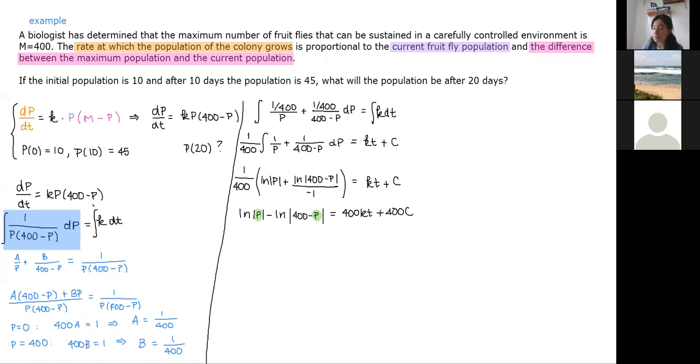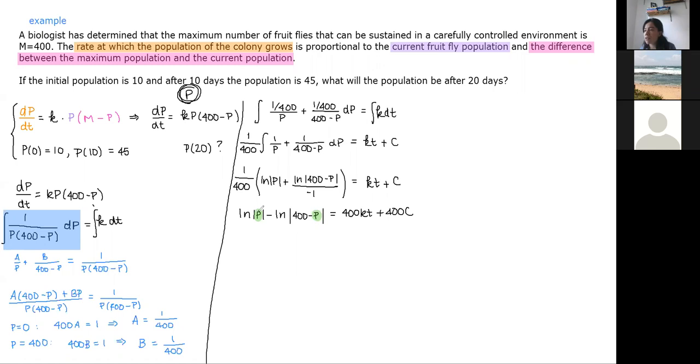All right, so what I'm trying to do in this problem, if we keep track of what we're trying to do, we're trying to solve the differential equation over here, which means that our goal is to find what P is. So an expression for the population as a function of time.